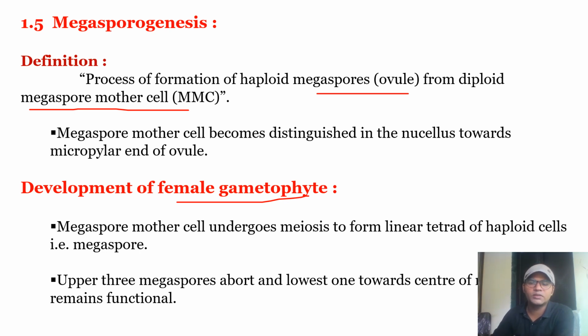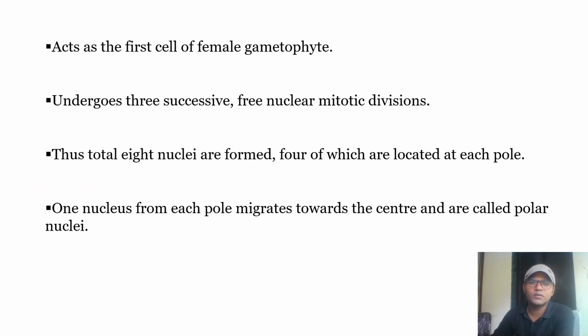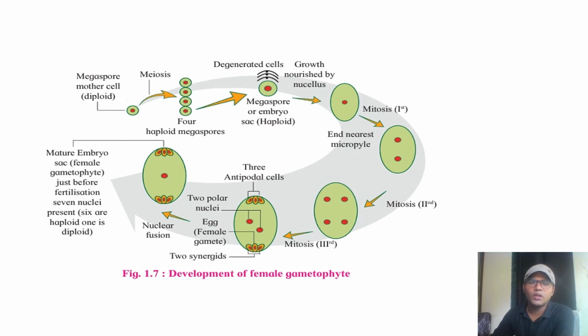Megaspore mother cells. Within the nucellus, some of the cells will work as archesporial cells, and out of the archesporial cells, some will behave as megaspore mother cells, which are diploid, and it will undergo meiotic division to give 4 daughter cells, which are now haploid.